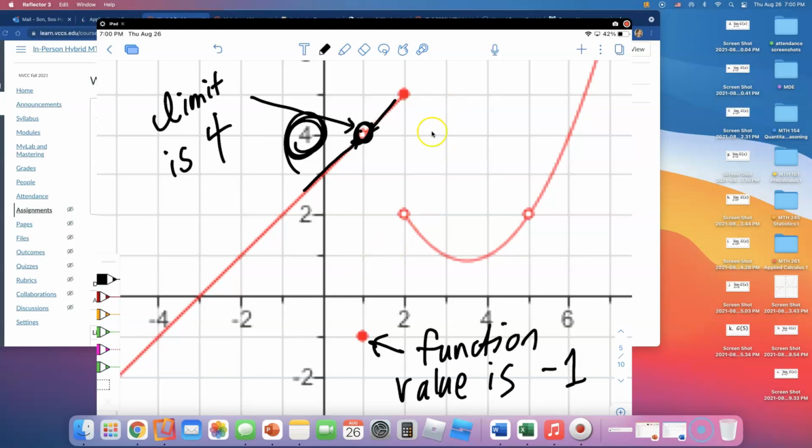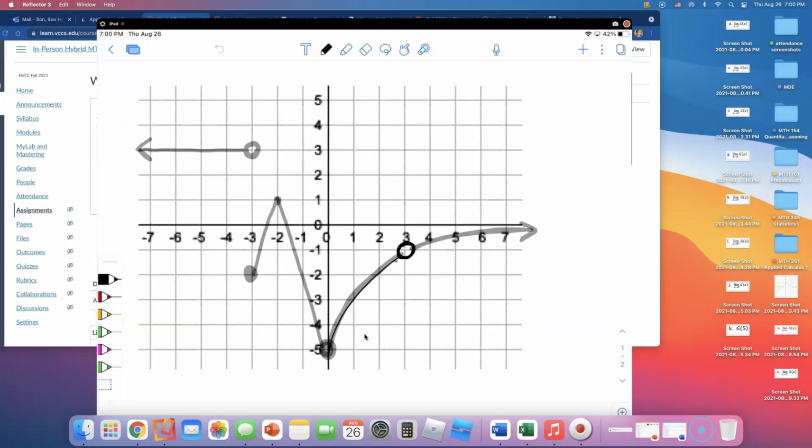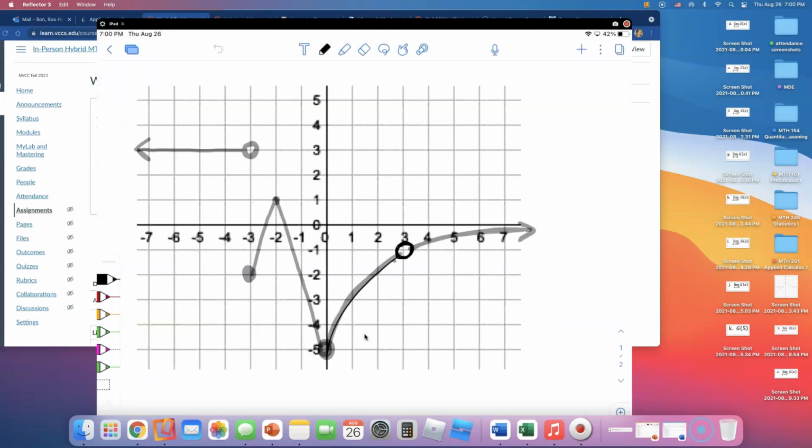We need to have a piece of a graph that has an open circle on its curve, but a closed circle is somewhere else. Okay, so let's go back and be super creative. Okay, I'm back over here. I can't just add a point here, because if I do that, then now I have a function value at x equals 3. So let me see. I'll break another point.